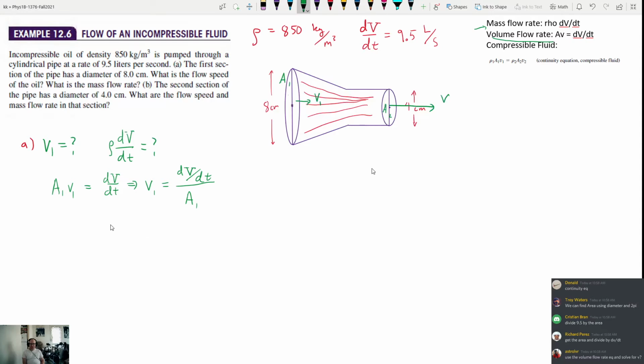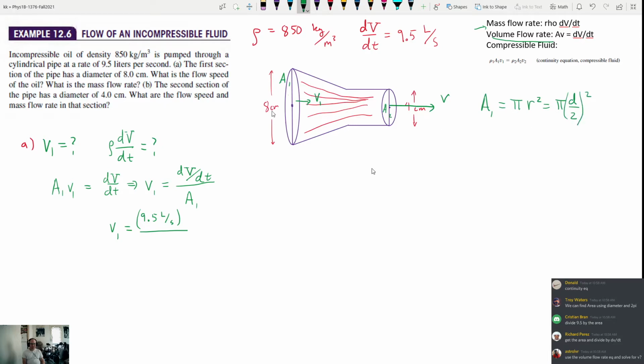So V1 should be equal to dV/dt, which is 9.5 liters per second, divided by A1. The area A1, I'll write this off to the side, should be equal to pi times the radius squared, or pi times the diameter divided by 2 squared.